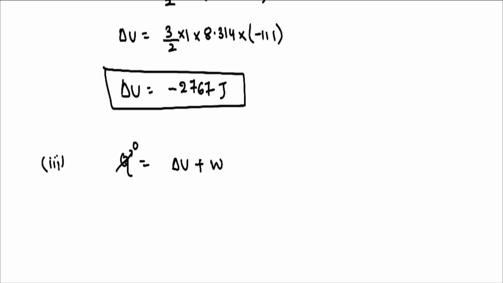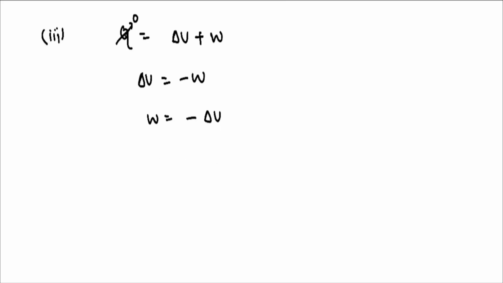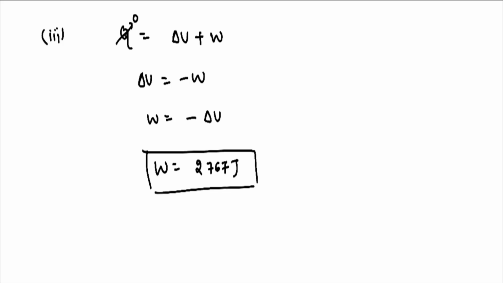So in that case, my delta U equals minus W, or I can say W equals minus delta U. And I already calculated the value of change in internal energy. So my work done is minus minus plus, so it is 2767 joule. This is my work done for this process. Okay. Thank you.